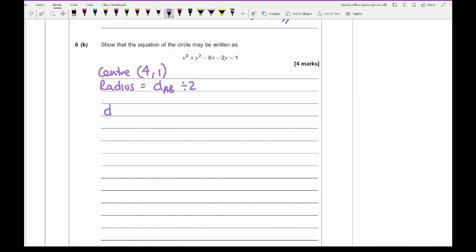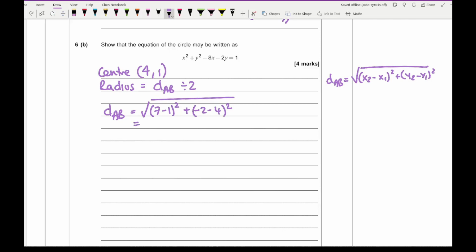So if I work out what AB is, remember that the distance between two points is the square root of (x2 minus x1) squared plus (y2 minus y1) squared. So using that formula and the coordinates of A and B, I get the square root of (7 take away 1) squared plus (minus 2 minus 4) squared, and that gives me an answer of root 72.